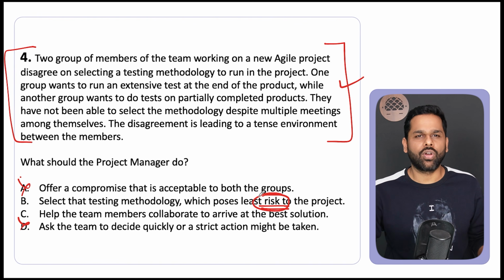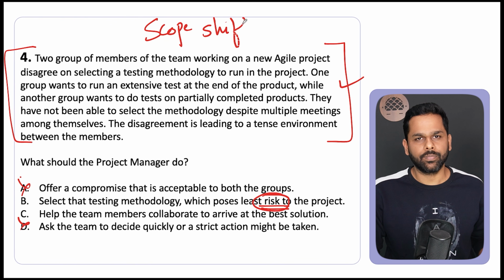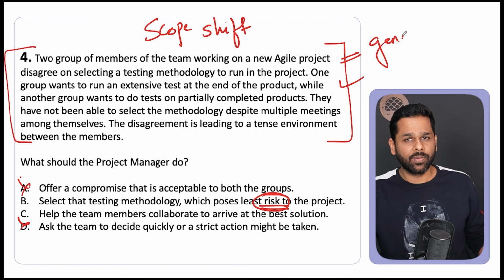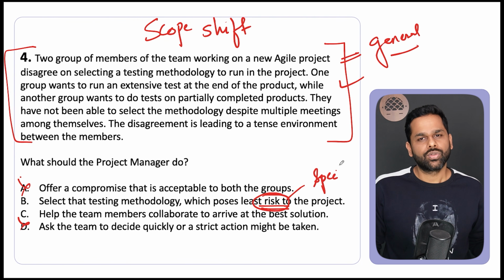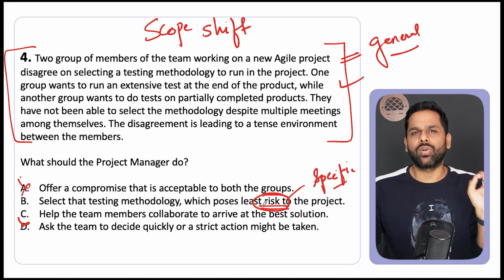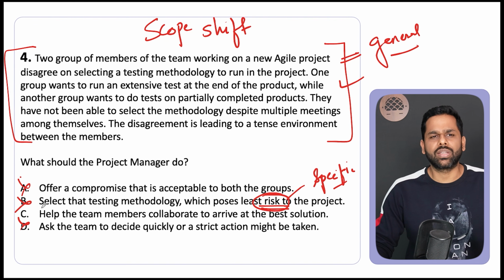This is what I like to call scope shift in a question. My scenario scope was general, while my option scope is specific. So you have to ask a question: why only risk? That's the only question that you have to ask. Why only risk? And you will realize that it's not a good choice. I cannot take a decision just based on risk.